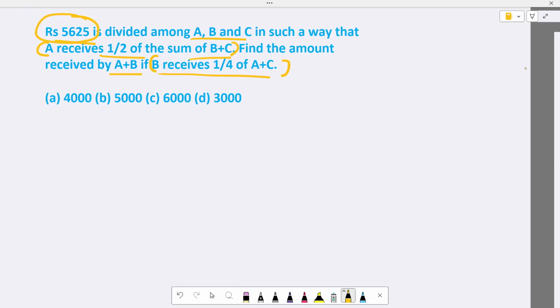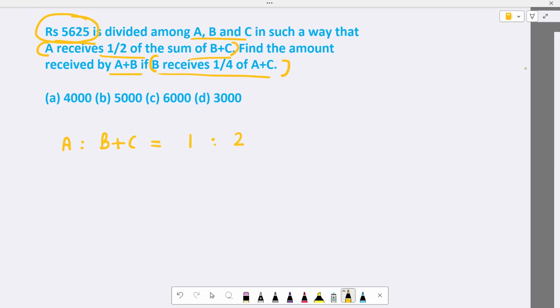So if I have to write the ratio of A to B plus C, since we know that A receives half of the sum of B and C, this here will be equal to 1:2.